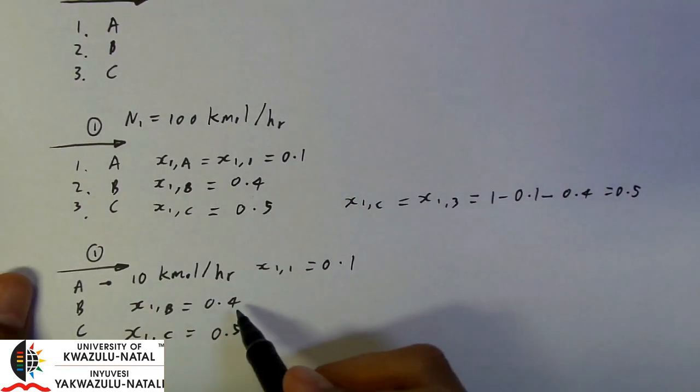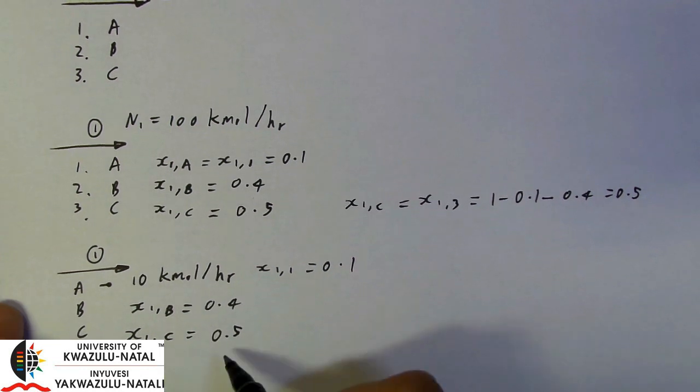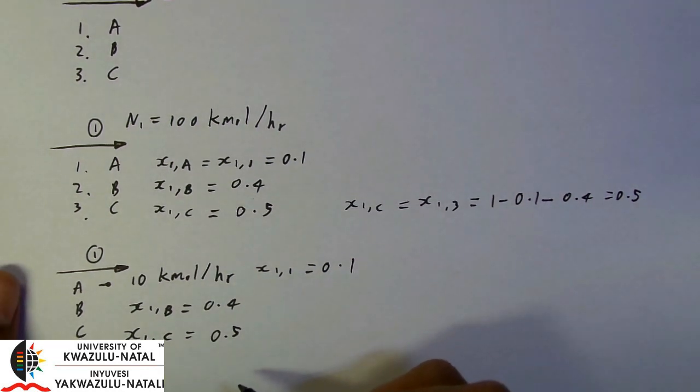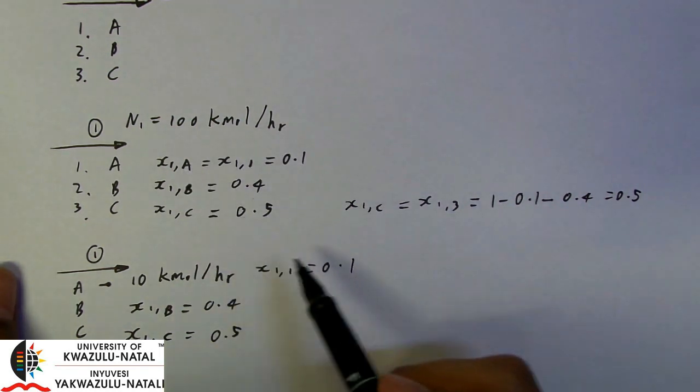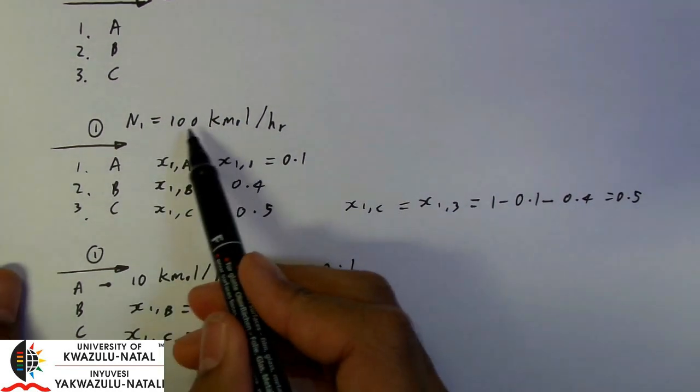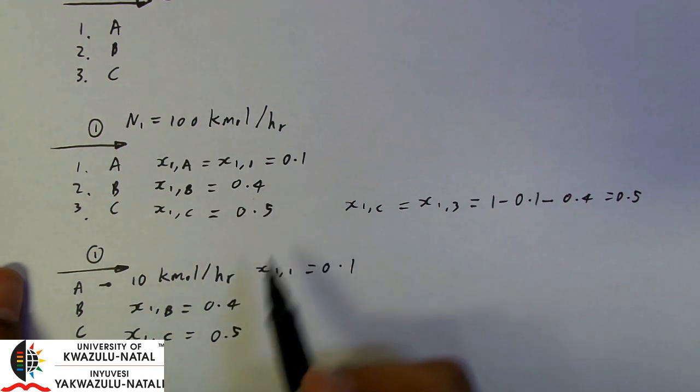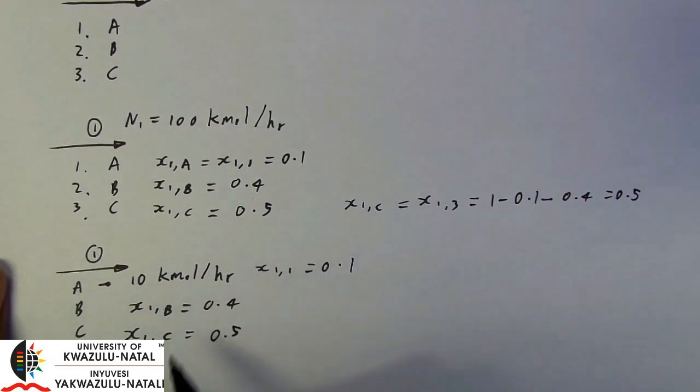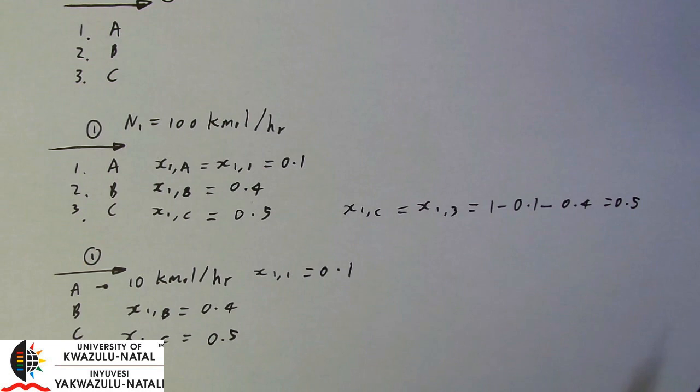And we are given our composition of B, so the composition of C is still unnecessary. Okay, so what seems to be the case is that as long as we have one flow rate and 2 compositions, we seem to be able to get everything we need.